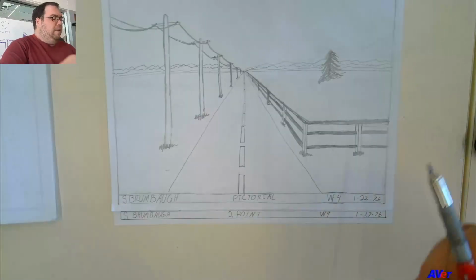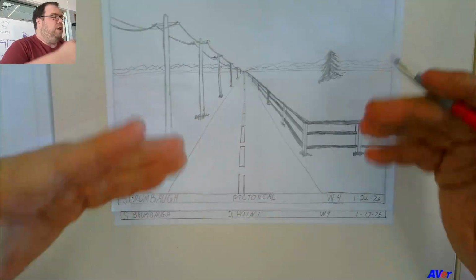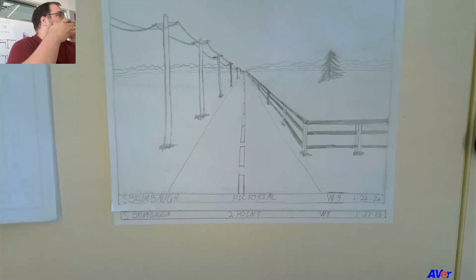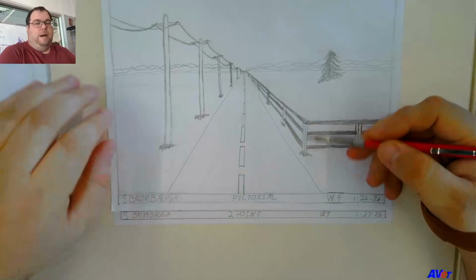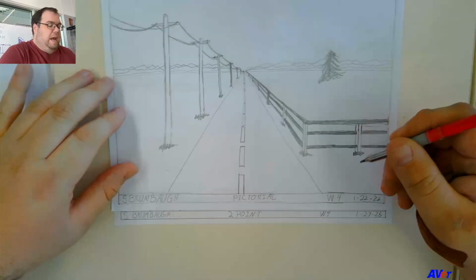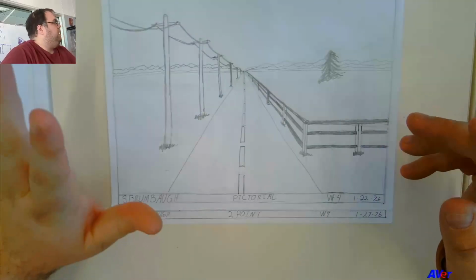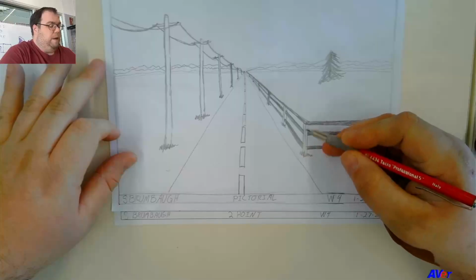We probably didn't talk about that part the day before, but the front plane is essentially the part of the drawing that is closest to the viewer. In this case, for my drawing here, it was the fronts of these fence posts. If there was a specific height and a specific width that I wanted, that would be true here at this plane.